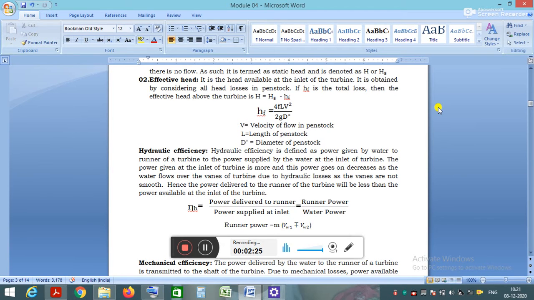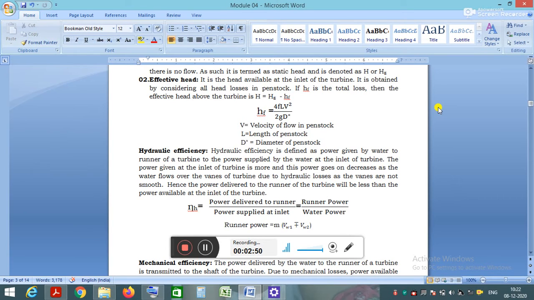Hydraulic efficiency is defined as power given by the water to the runner of a turbine to the power supplied by the water at the inlet of the turbine. The power given at the inlet of the turbine is always more, and this power goes on decreasing as the water flows over the blades due to the hydraulic losses.